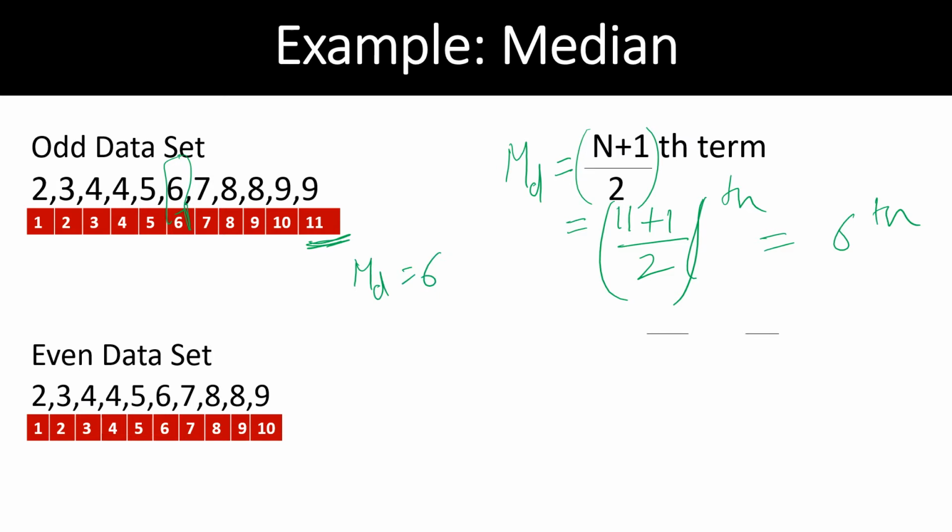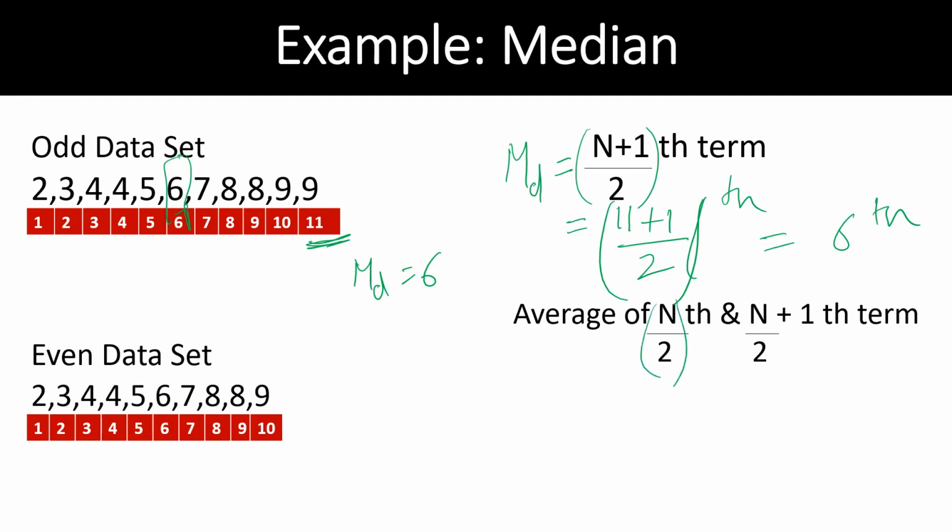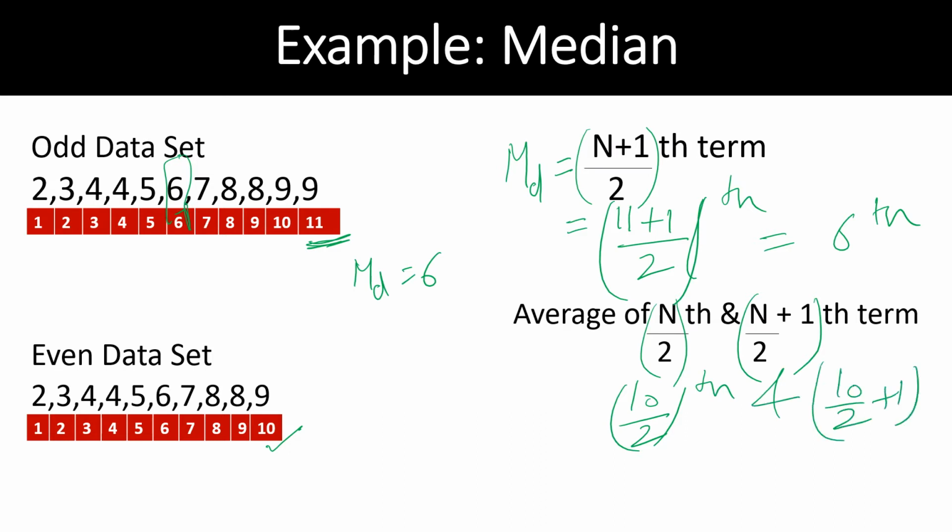Next, for even data set, there is a formula which is average of n by 2th term and n by 2 plus 1th term. I need to calculate average of these two terms, in case my data set is even. Now in this case the n is 10. Total number of terms are 10. This is 10 by 2th term and 10 by 2 plus 1th term.